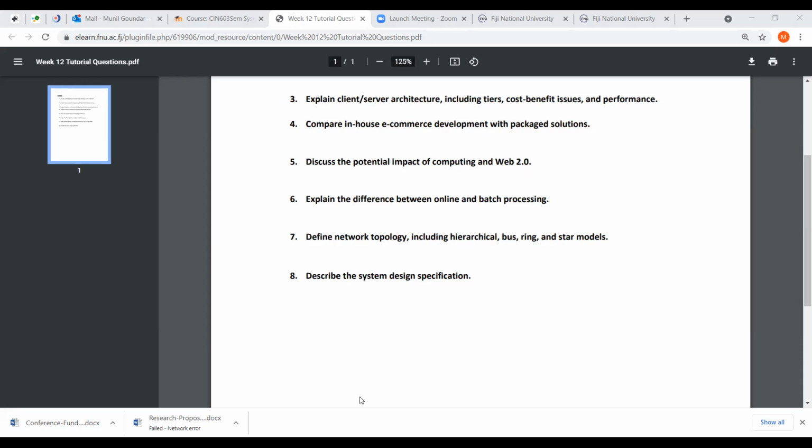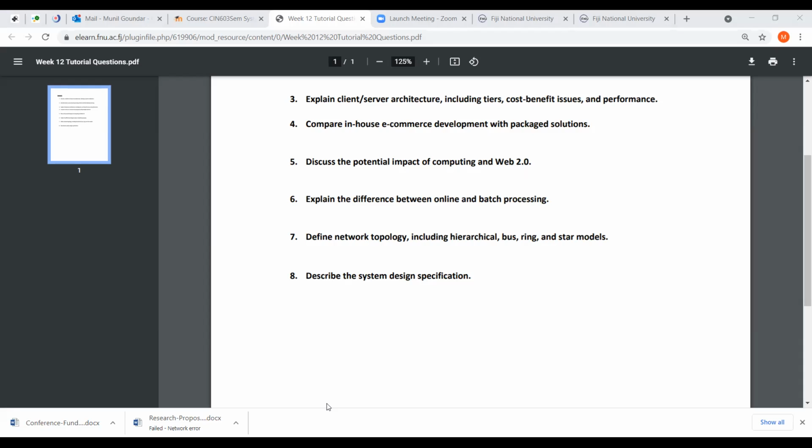Alrighty, question number 6. Explain the difference between online and batch processing. So first of all, we'll try to define what online processing is.